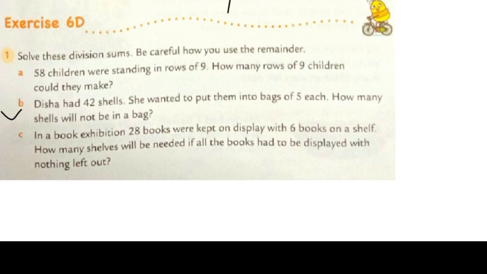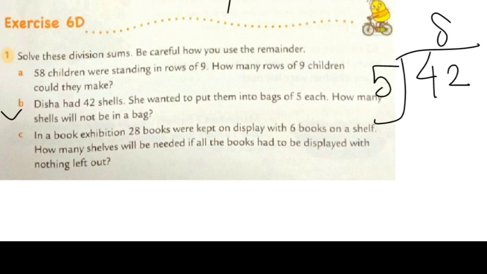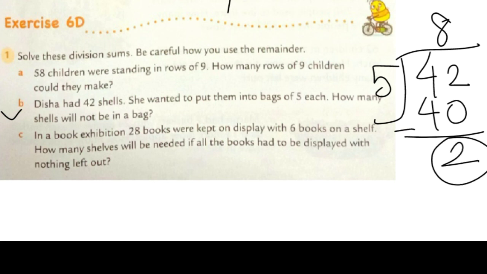So when we divide 42 by 5, we'll find 5 8s are 40 and we'll find 2 as remainder. So how many shells will not be in a bag? 2. Clear? So like this you have to solve the rest of the problem sums.